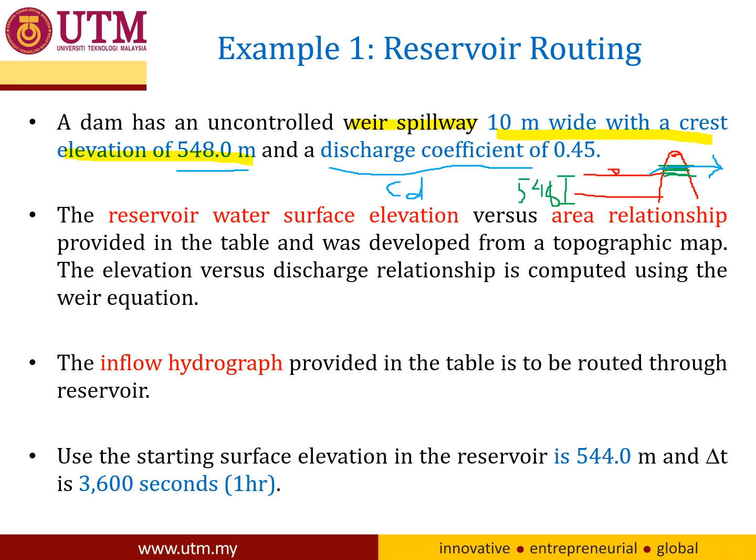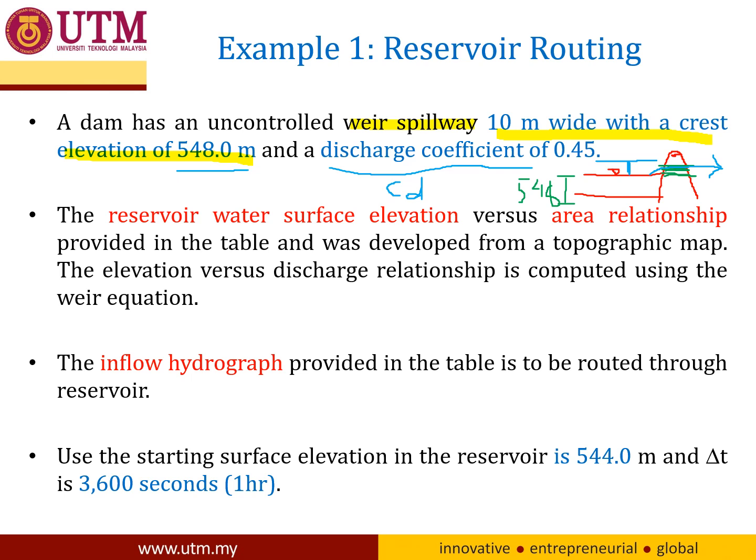Head is, for example, once the water level reaches 548 meter, it will flow out. So head means above 548 meter. There might be some additional head here, 2 meter, for example. So at 550 here, there will be a head of 2 meter.